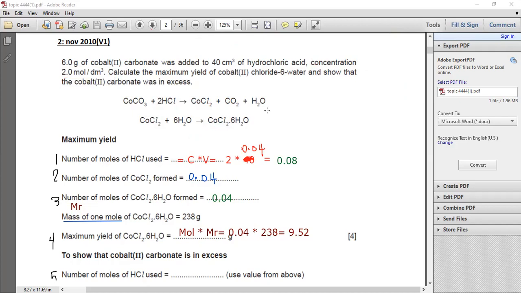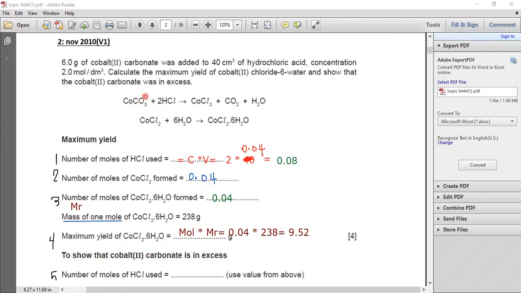Okay. What he said here, to show that cobalt carbonate, this is cobalt carbonate, in excess. I need to make sure, give evidence, cobalt carbonate more than HCl in excess. How?